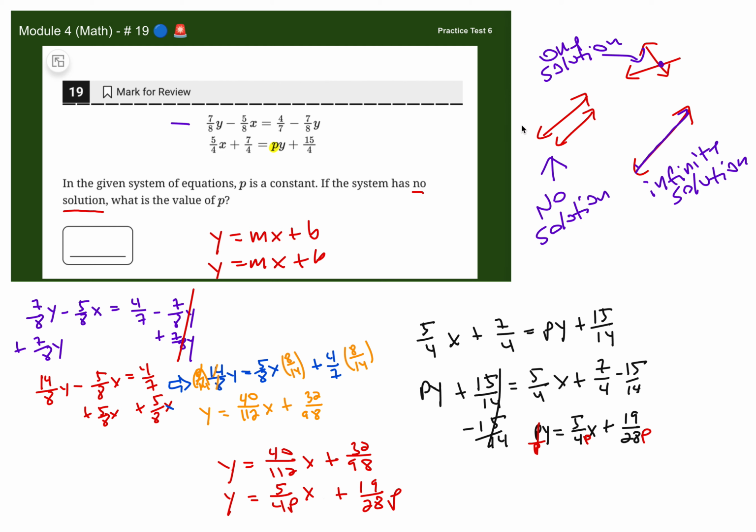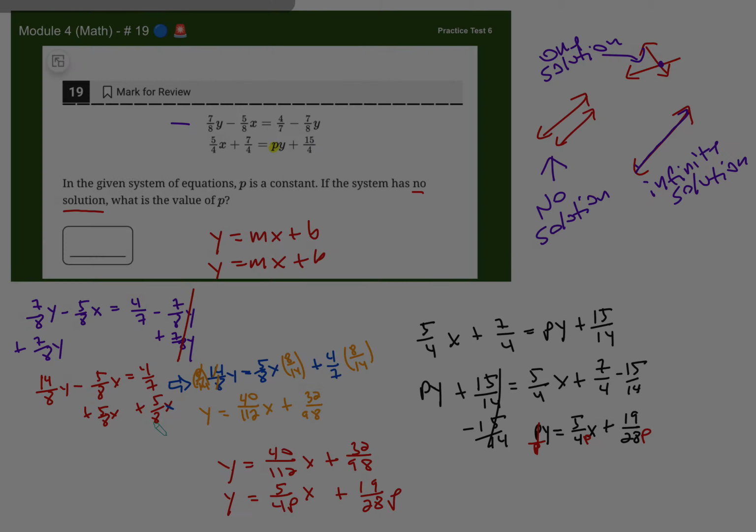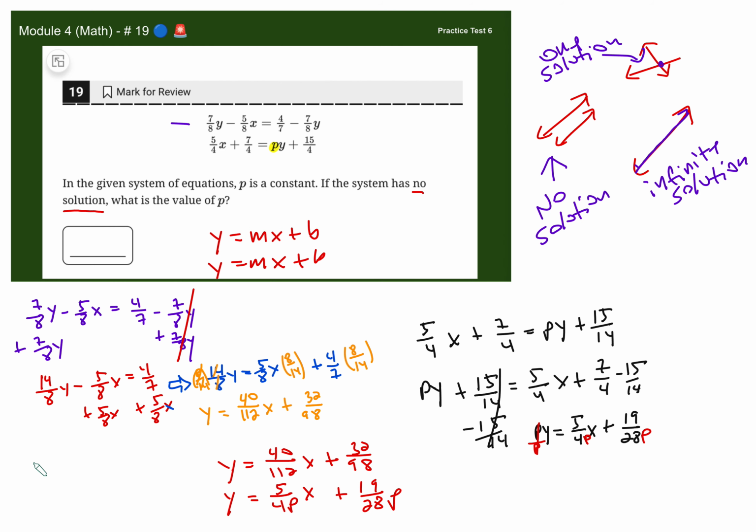Okay, so to have no solutions, these slopes must be the same, right? So go ahead and set these equal to each other. We're going to go 40 over 112 equals 5 over 4p. I could have reduced this fraction, but oh well.